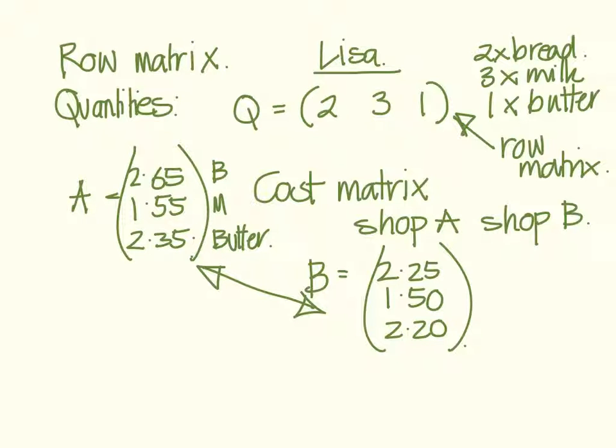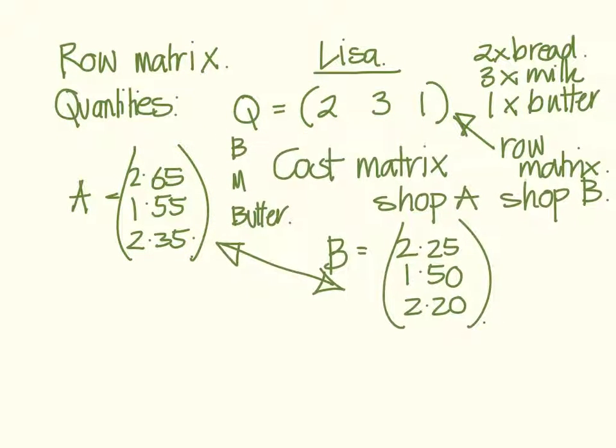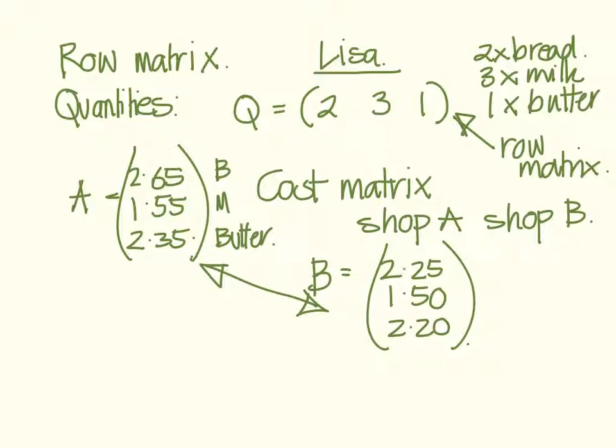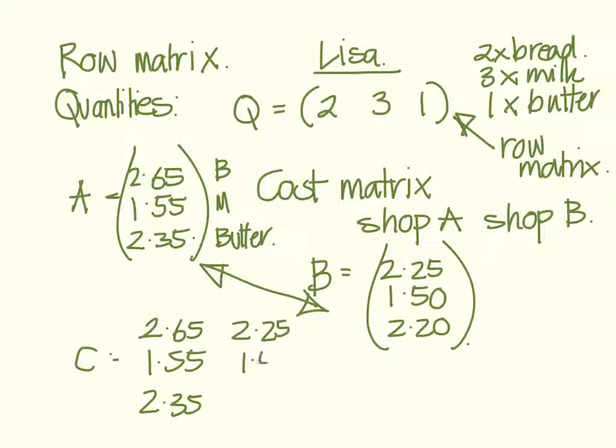If I combine those two pieces of information, I can actually put it all into a single matrix. Let me call our cost matrix that includes everything, cost matrix C. It's going to be $2.65, $1.55, and $2.35. And then in the second column, it's going to be $2.25, $1.50, and $2.20.